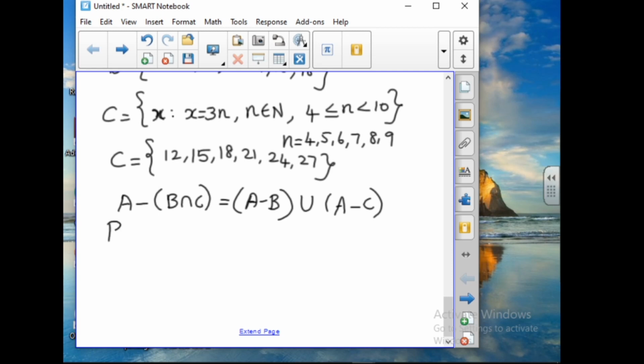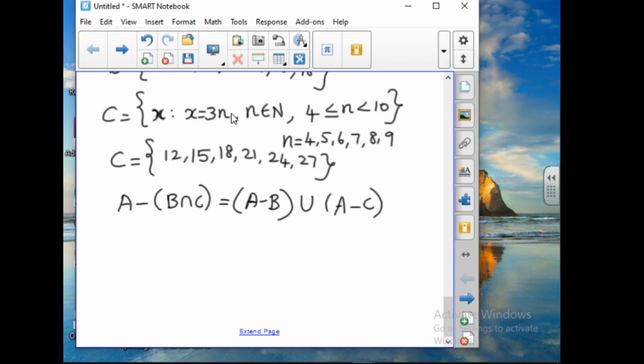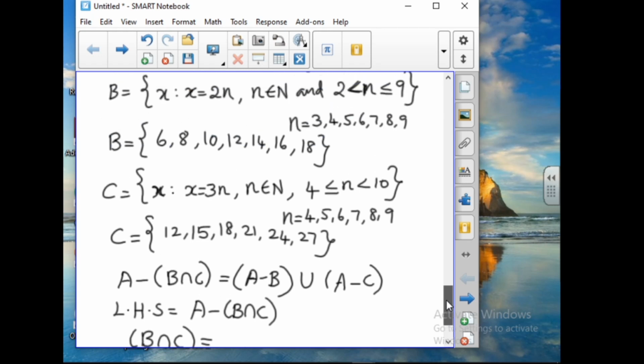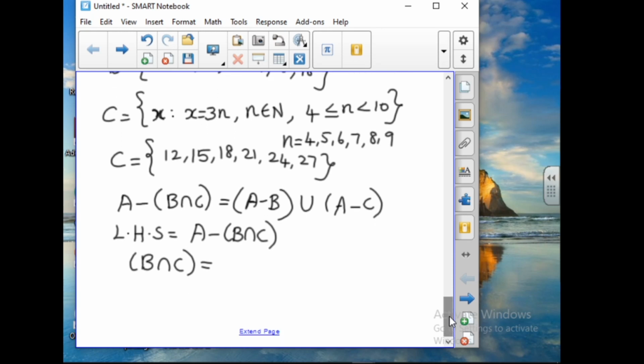So RHS you can take that. Sorry, LHS. LHS equal to A difference B intersection C. So first we have to find B intersection C. Intersection means common elements, common elements of the sets B and C. B set we know is 6, 8, 10, 12, 14, 16, 18 and C set is 12, 15, 18, 21, 24 and 27.